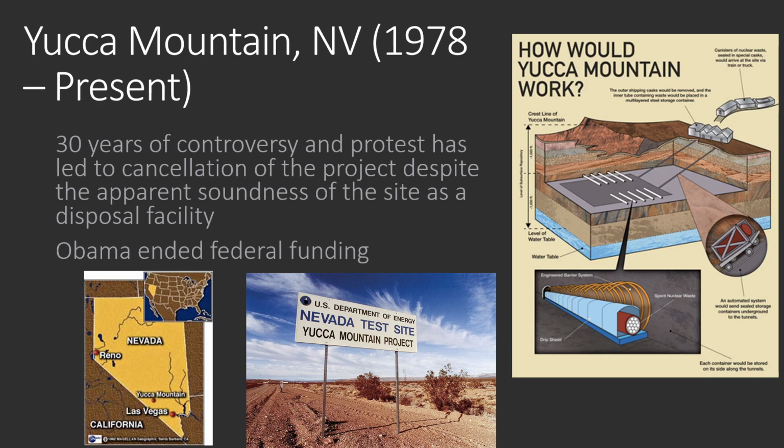The Obama administration ended the federal funding, so right now Yucca Mountain will not happen. The idea was that you could store it underground in Yucca Mountain, away from people, and it would be able to be safe for millions of years.